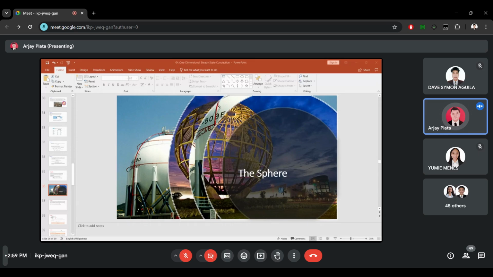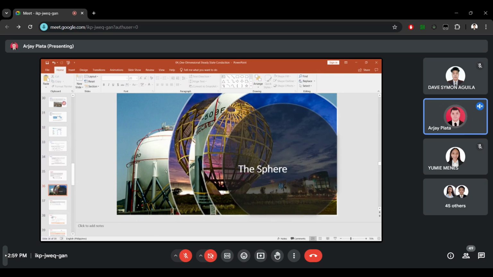This kind of equipment is covered by the ASME Boiler and Pressure Vessel Code, so we design based on the ASME code. As I said, it is common in refineries and other petrochemical plants.